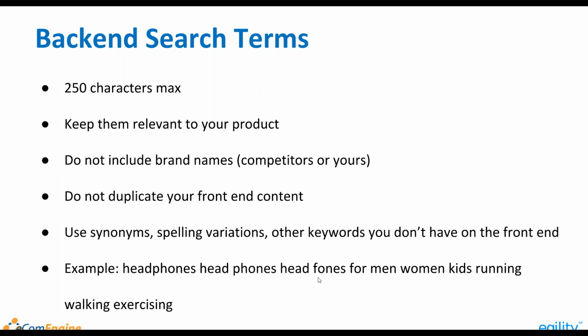And then I've got F instead of PH. And then I put in, this is something you don't often see on the front end for a lot of products, so we put it on the back end. This product is for, because we saw in that search term, for example, earbuds for kids. I may not want to advertise that on the front page because that's not the primary function of the product, but if it still works for the product, I could buy my kid just about any earbud on the market and it would work.